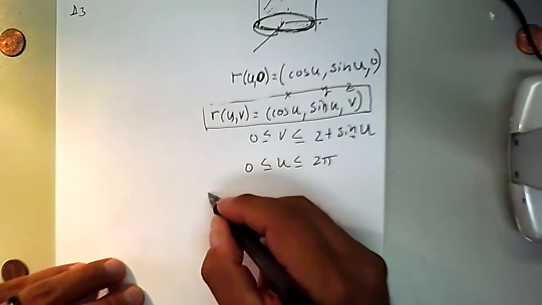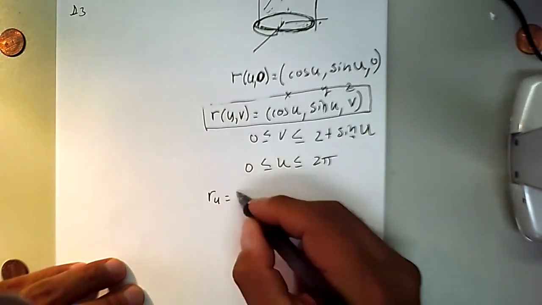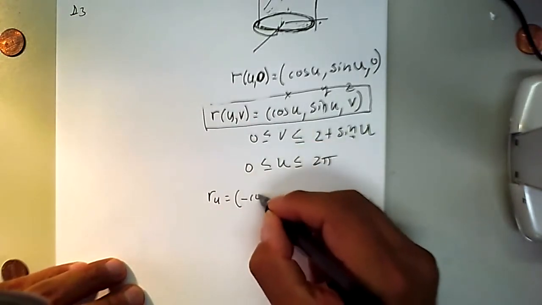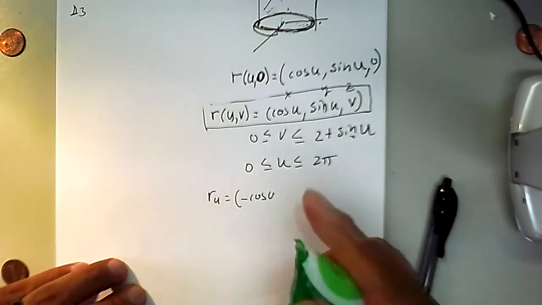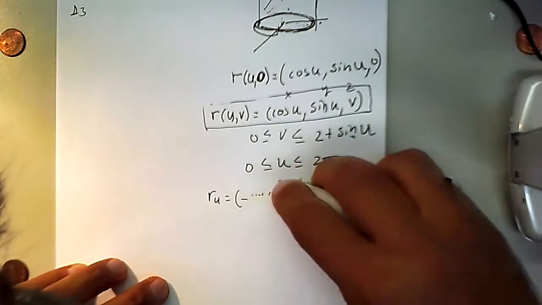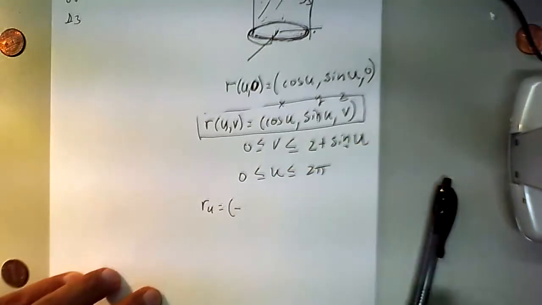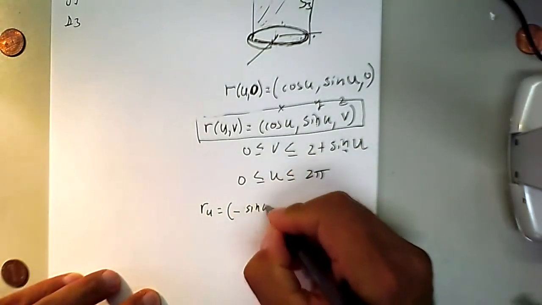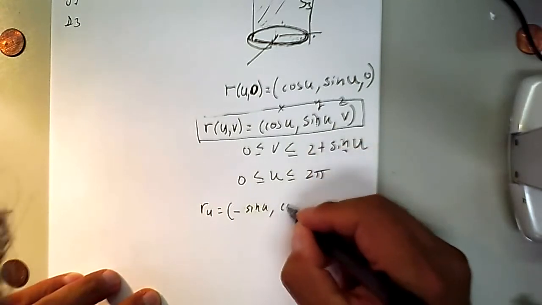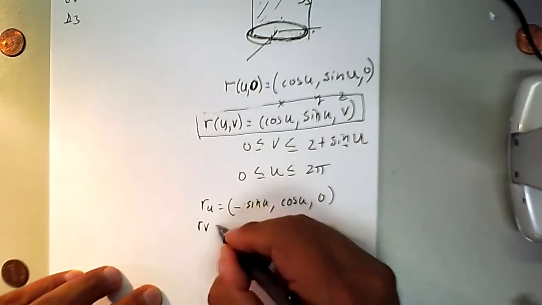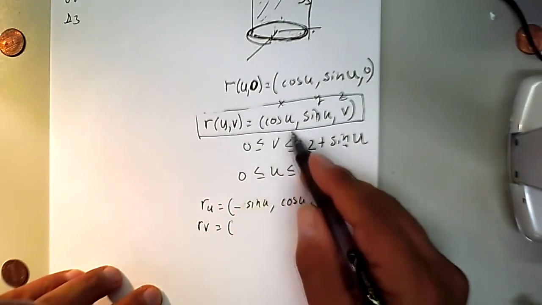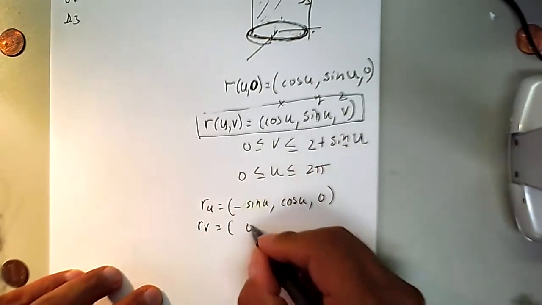And remember, we have to do R sub U, that is negative sine of U, cosine of U, 0, and R sub V, 0, 0, 1.